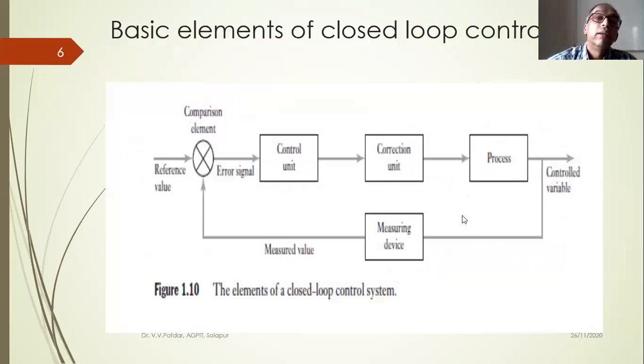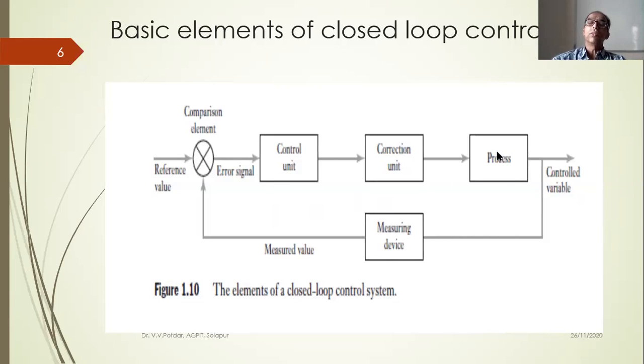We'll see the basic elements. Now, there is one question on basic elements of closed loop control system in the exam. So we'll discuss it in the next class also because we are running out of time. So it's a generalized block diagram of a closed loop control system. So what are the basic elements?